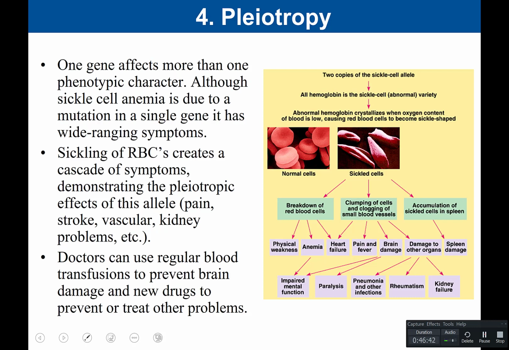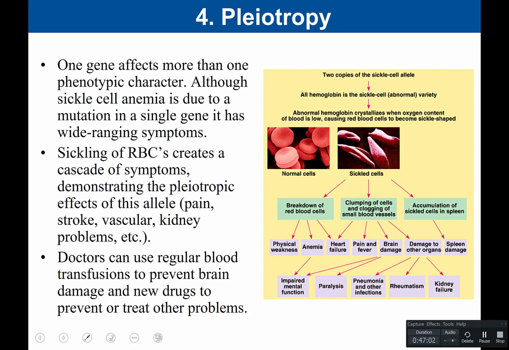An example of this would be sickle cell anemia. Sickle cell anemia is due to a mutation in a single gene. It's a single mutation in the beta globin gene. Yet the sickling of the red blood cells creates a whole cascade of symptoms.